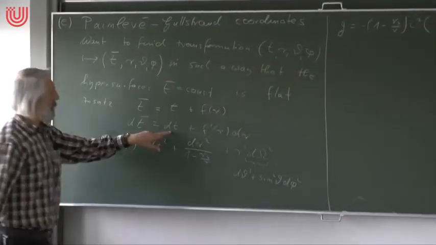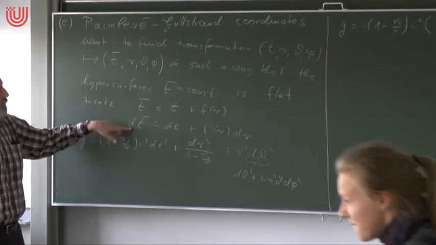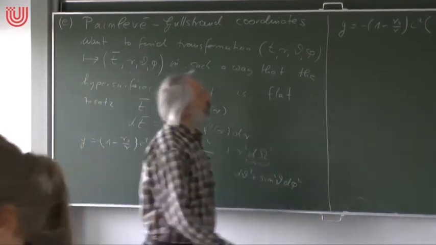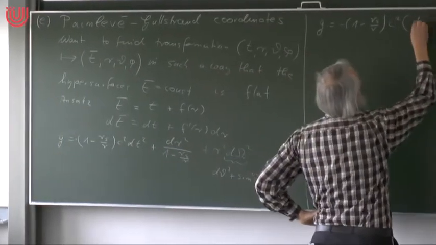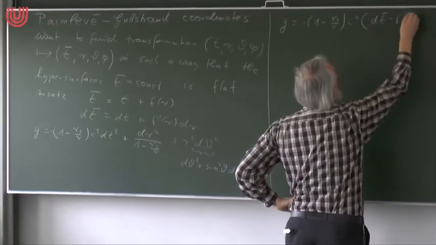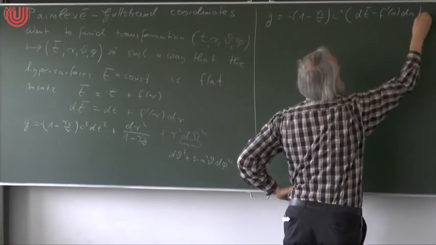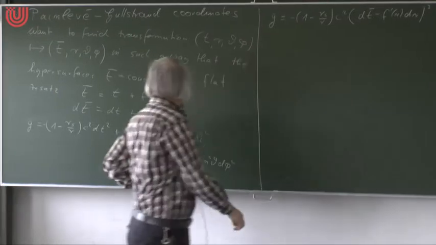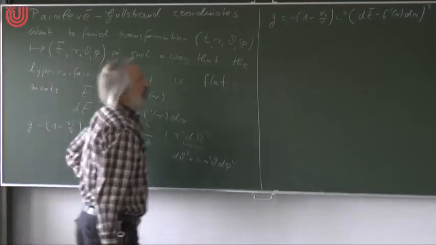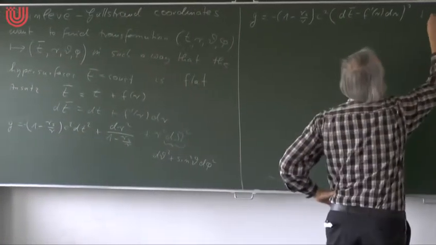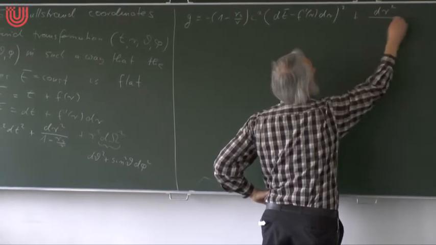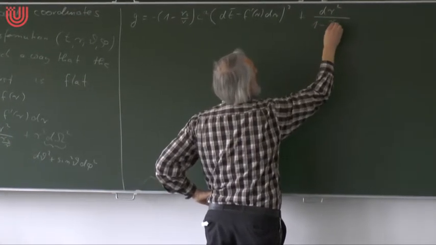For dt, I write this expression: dT bar minus f prime of r dr, squared. And the rest I just copy. I don't change the r. I stick with my old radius coordinate r in this case.